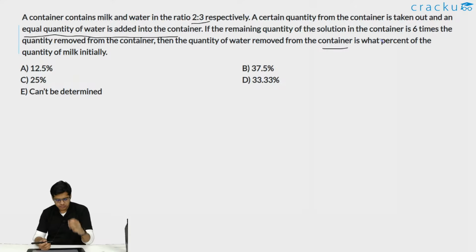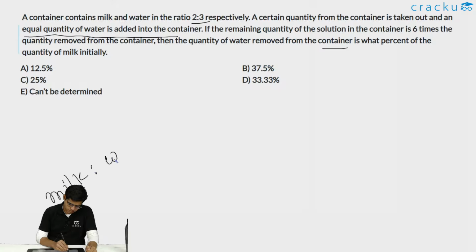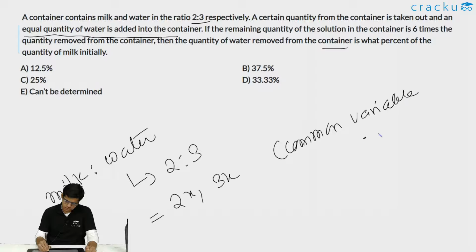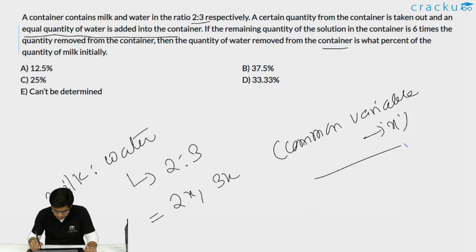Fine. So it is given milk to water ratio is 2:3. So let's say amount of milk be 2x, amount of water be 3x, where the common variable is x, right?